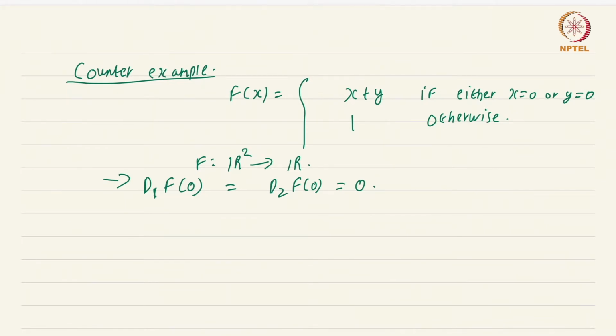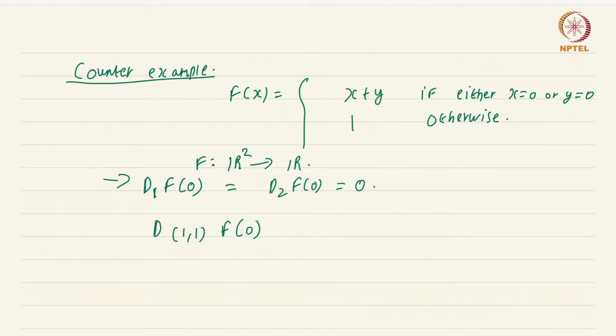Now let's compute D(1,1) f at 0. This just means taking the directional derivative along the vector (1,1).